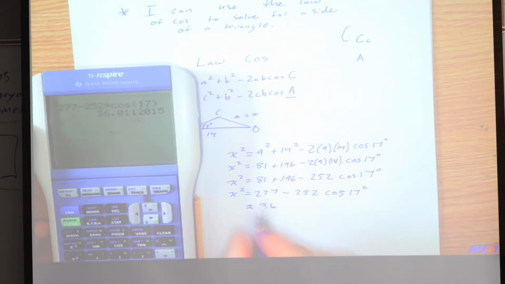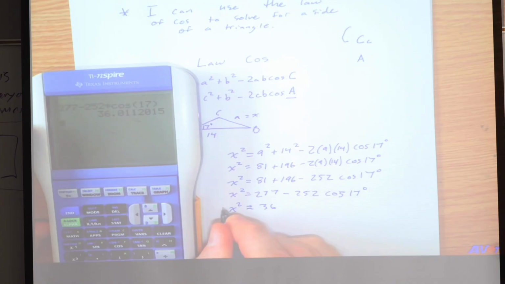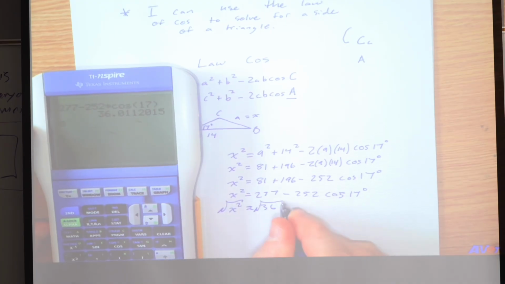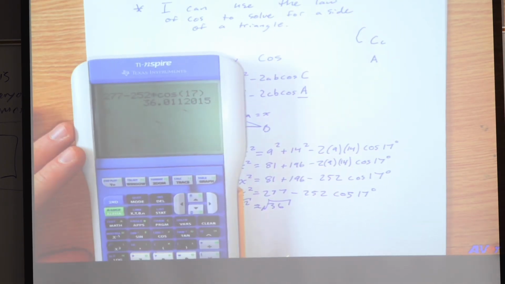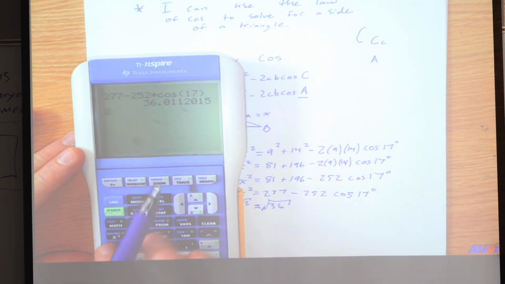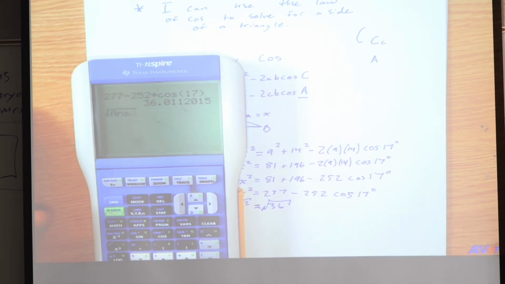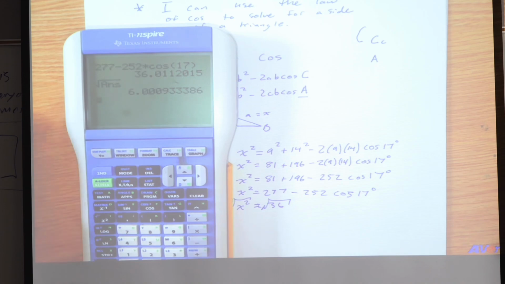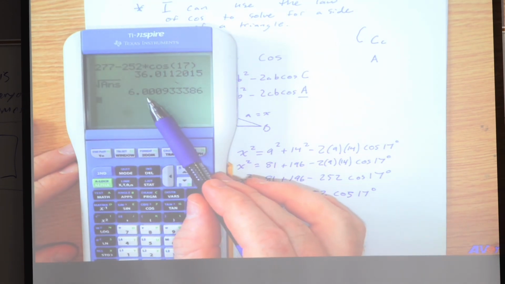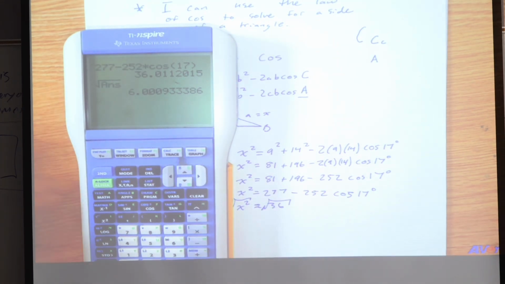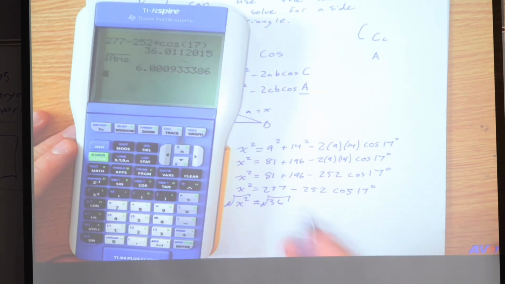We have this x squared, so we're going to have to take the square root of both sides. To be perfectly correct and not round until the end, we can go second square root, and then second answer, or that minus sign, and that puts that full answer in there. So now we're not rounding until the end, but if we do our tenths or hundredths, we're going to be just 6. So that turns out pretty nice.